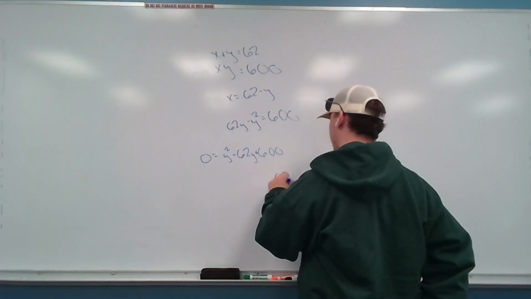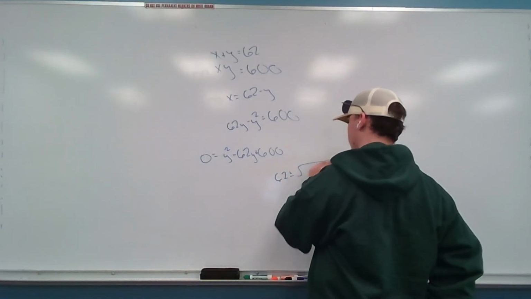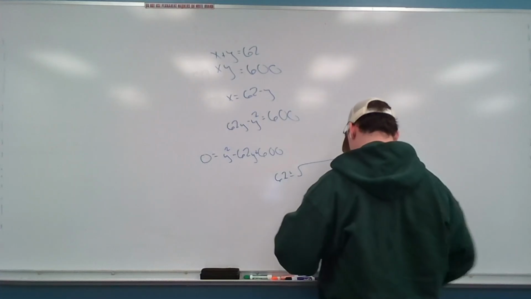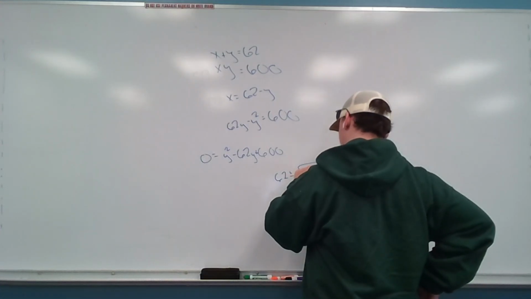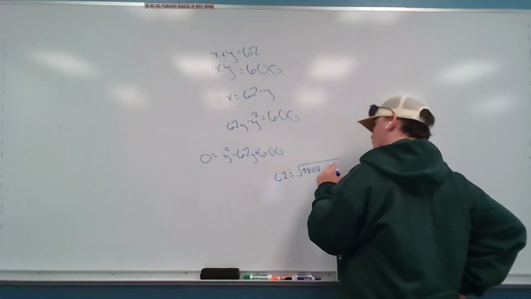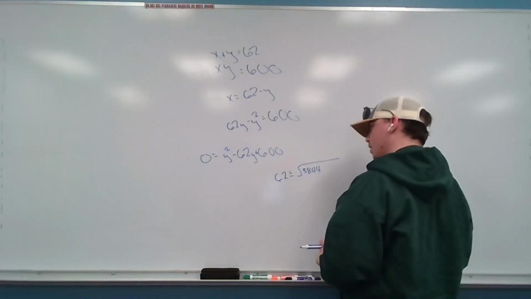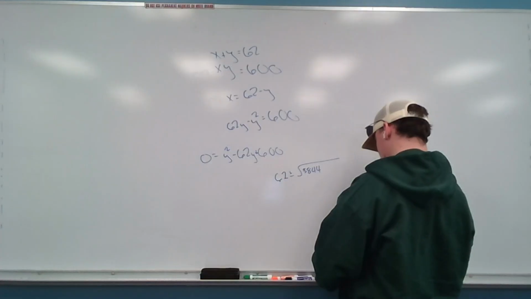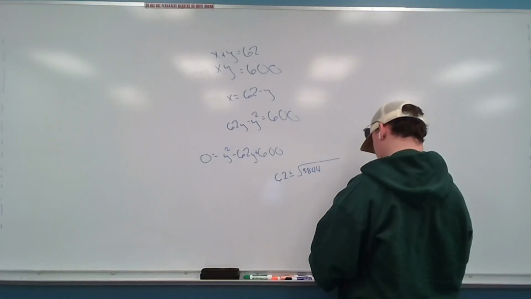Negative b plus or minus the square root of b squared, which would be 62 squared, 3844, minus 4 times 600.